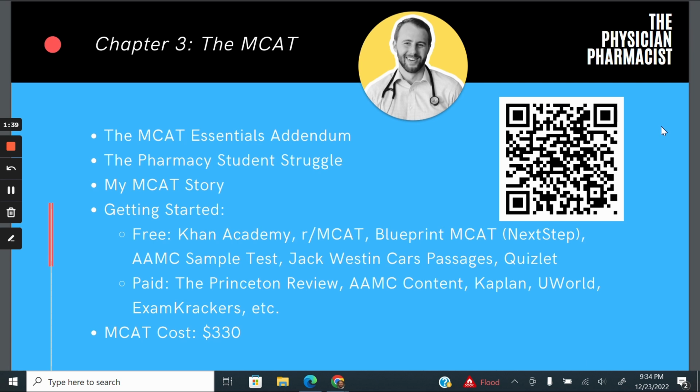What we're learning in our pharmacy curriculum is very clinically focused on medications, pathology, disease identification, and different guidelines. Versus the content tested on the MCAT is very different. It's very superficial, and it reverts back to a lot of basic principles and then builds off of those. I call it the pharmacy student struggle because it's very frustrating to go back and focus on material that, from a clinical perspective, is rather irrelevant.